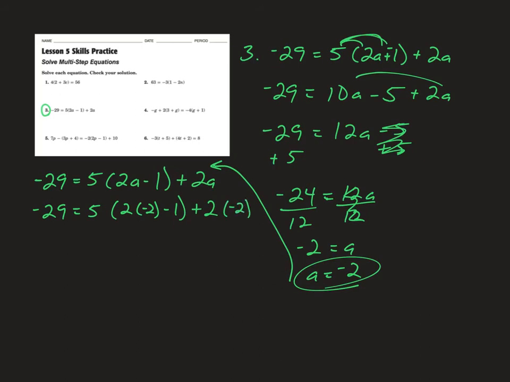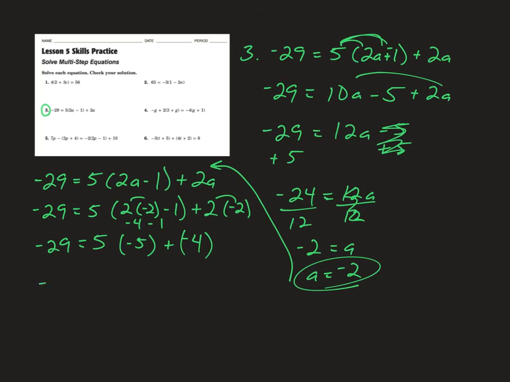So now I have to do a bunch of simplifying. And remember, PEMDAS, in this case, I'm figuring out what's going on inside my parentheses first. So I've got 2 times -2 is -4, minus 1 is -5, and I'm going to keep that in the parentheses. And then I've got plus 2 times -2 is a -4.